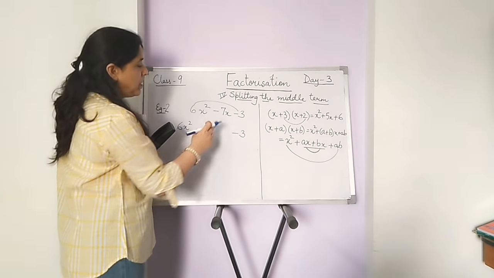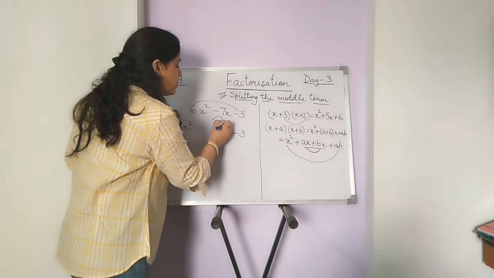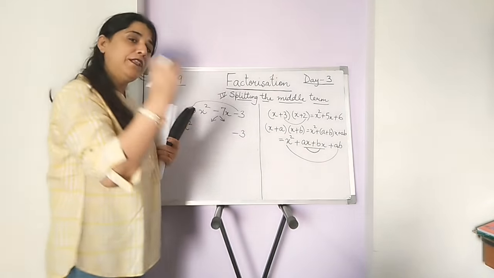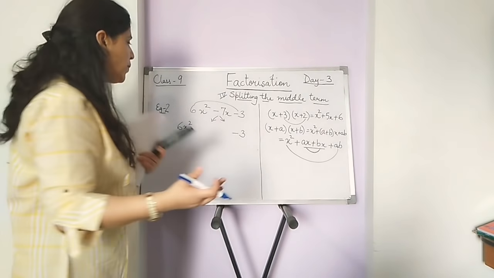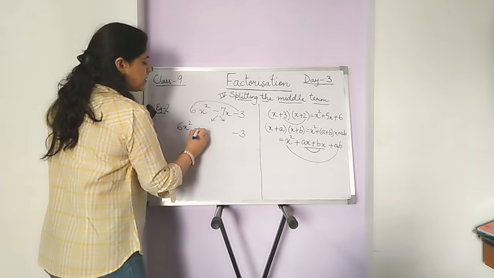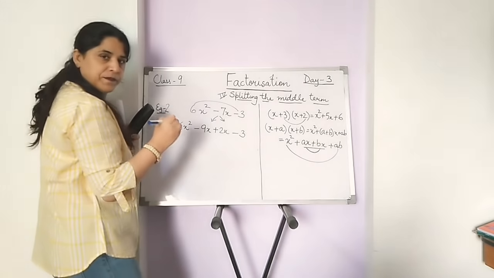minus 18. Now minus 7 has to be split into two terms so that the product of those two terms is minus 18. So what will you write? Minus 7x can be written as minus 9x plus 2x.